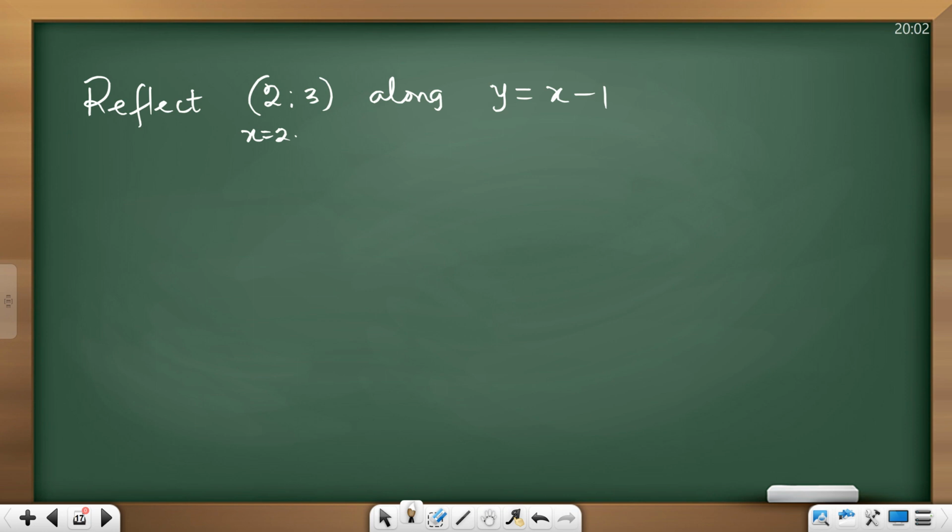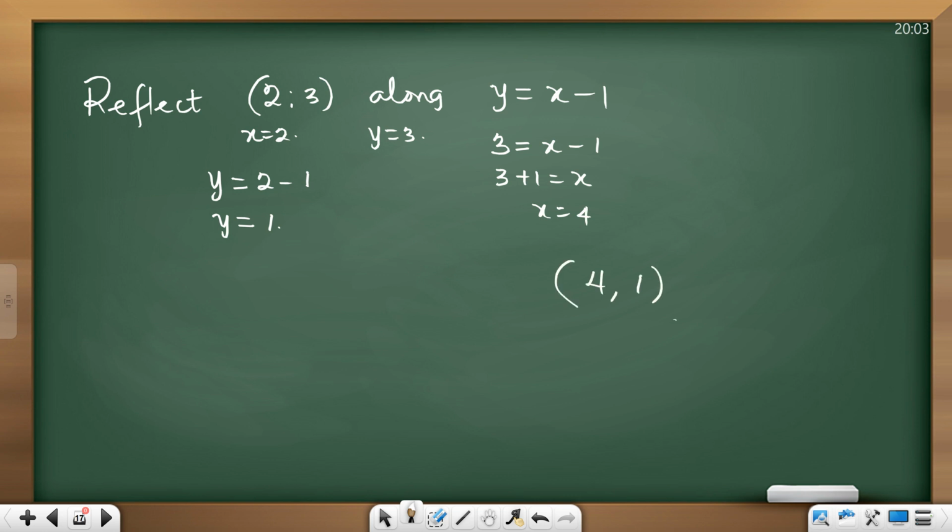Let's put 2 for x. What is your y value? Equals to x. It's 2, 3.